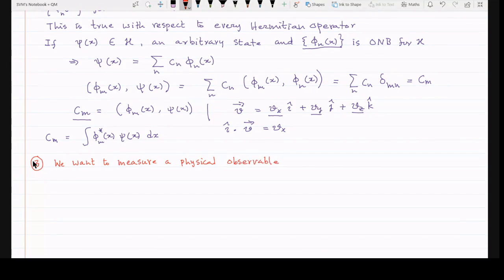Basically, physical observable is some property, as we said. We want to measure a physical observable. I am going to call that as A of a system.